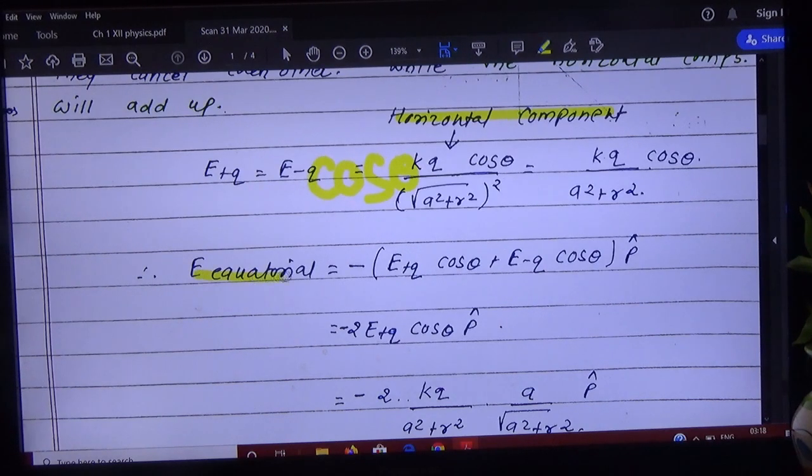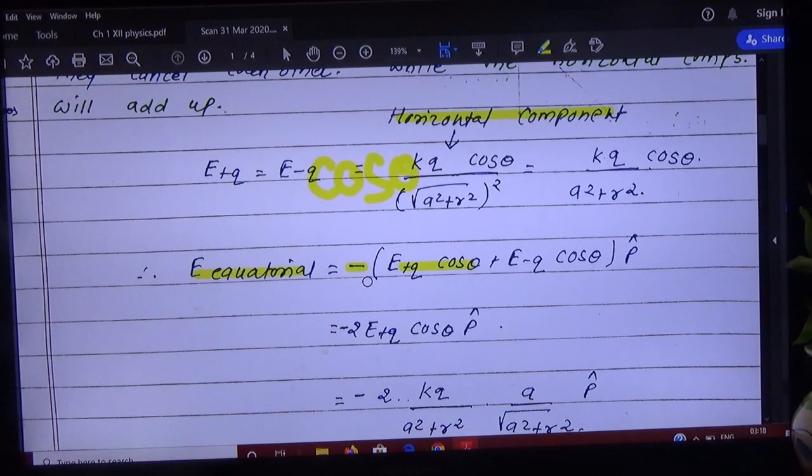So E equatorial therefore becomes E due to plus q cos theta, E due to minus q cos theta. We will have to add them up. So when you add, E due to plus q cos theta, E due to minus q cos theta into unit vector p, you must pay attention here that I have put a negative sign. Why?